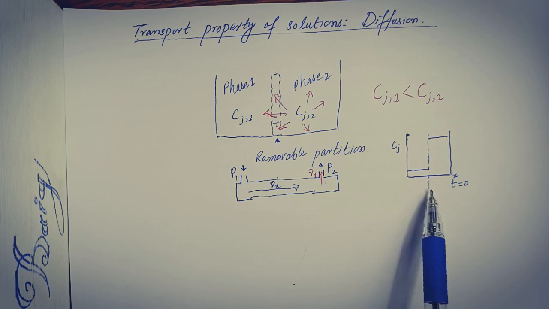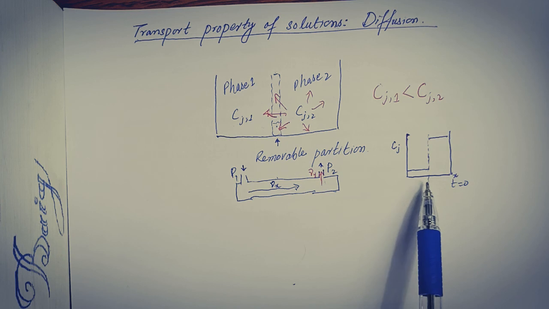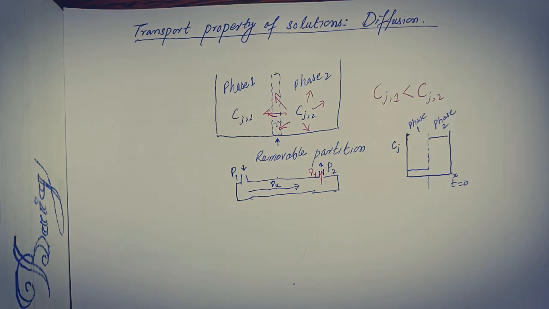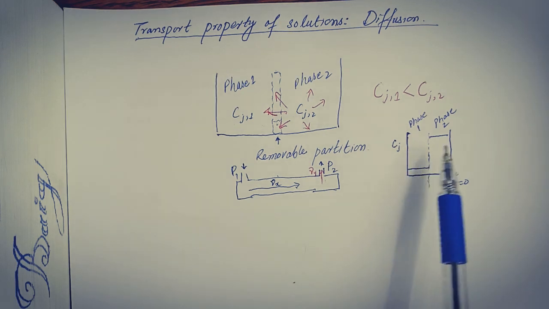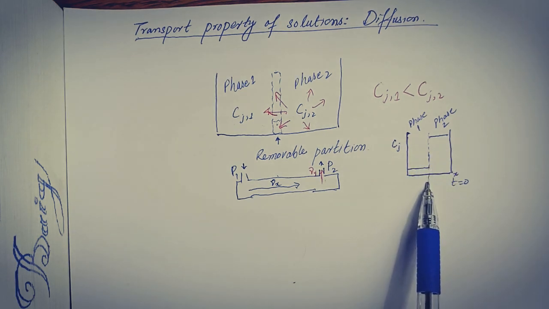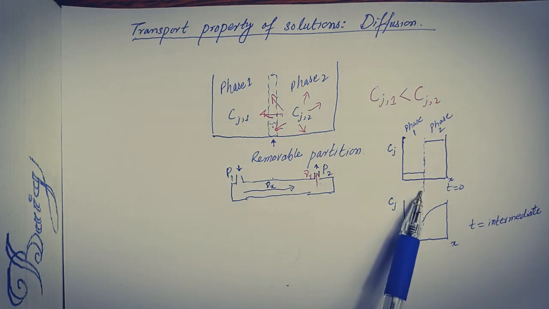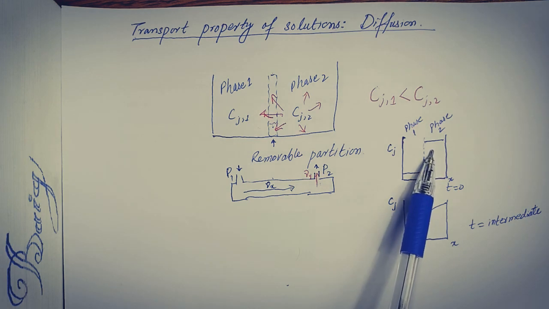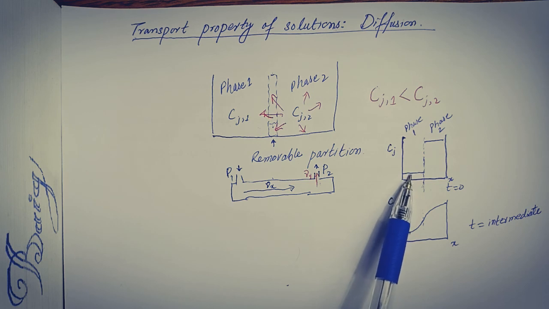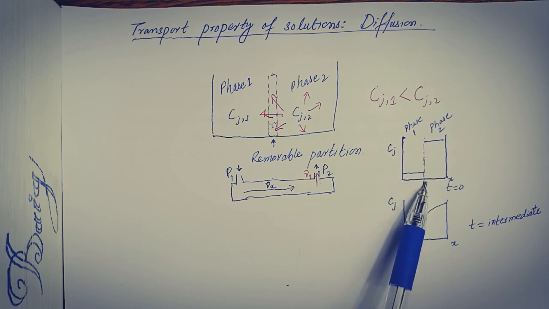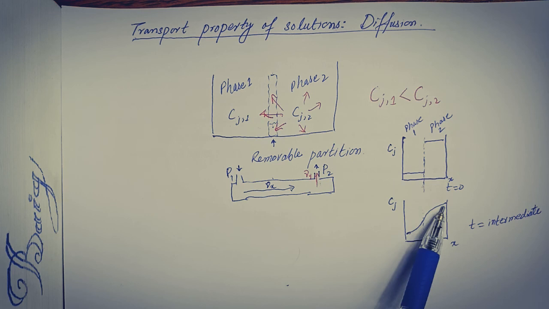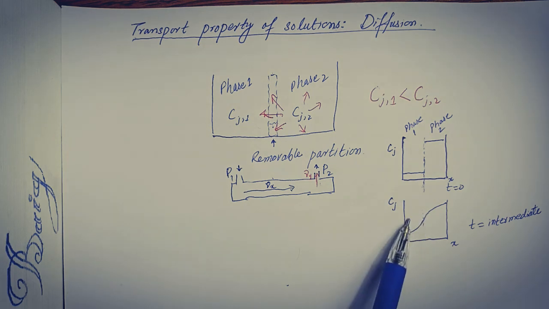For example, if we have two chambers of the cell having components that are separated into phase 1 and phase 2, and if we remove the partition, then what happens? When the partition is removed, phase 2 has a much higher concentration compared to phase 1. So the molecules, that is the J species, will start to move towards phase 1.